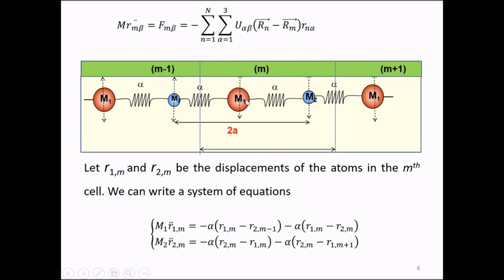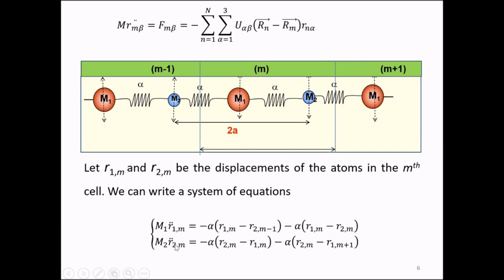It interacts with the M2 in the cell M-1, and it interacts with the M2 in the same cell M. If you understand that, you cannot make any mistake in writing the equation for M2 too.